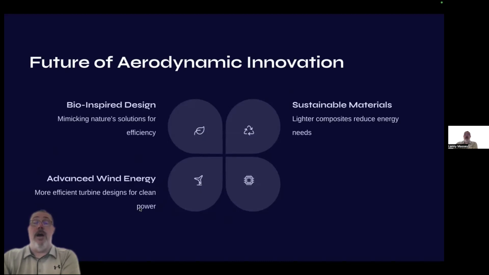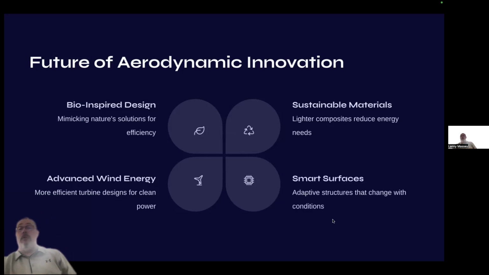We're starting to see it a lot. I live in Kansas. We're starting to see a lot of that there with turbines. We're using an awful lot of turbines in the state of Kansas to produce electricity now. And the shape of the wing on the turbines being more and more efficient helps us produce more electricity quickly.